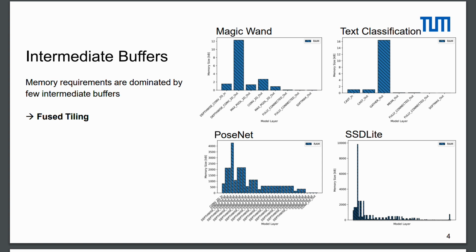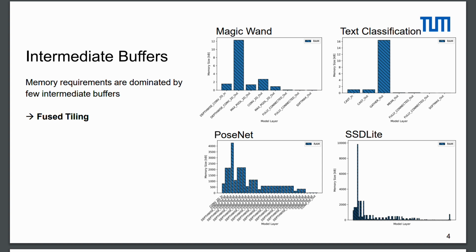So what this targets is the intermediate buffers that are needed for the activations of a model. I've given some examples here that show some popular models and the working memory sizes required for the different layers on the x-axis, and then how much memory is needed.